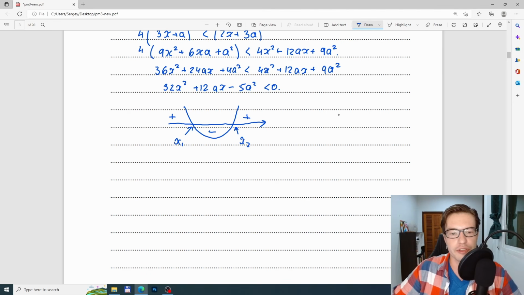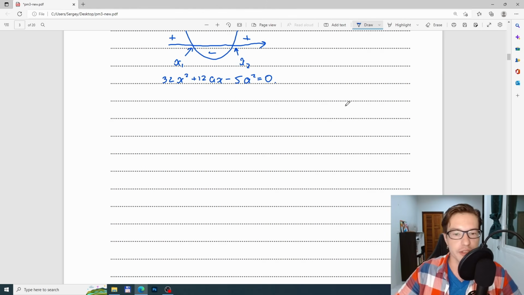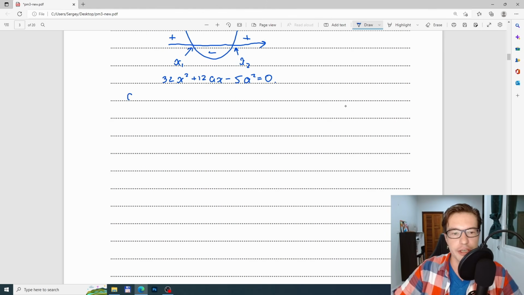Okay, and now we have to determine what are the values of x1 and x2. And in order to do so, we'll have to solve the quadratic equation instead of an inequality. And to do so, I'm going to use the quadratic formula. In our case, a is equal to 32, b is going to be 12a, and c equals minus 5a squared.